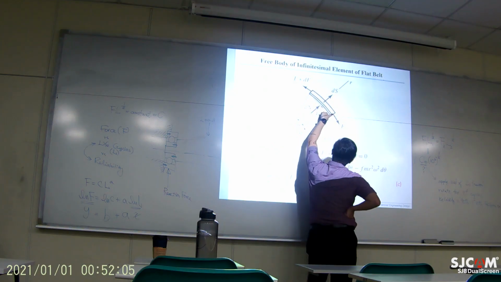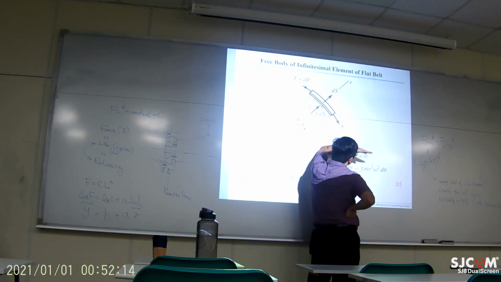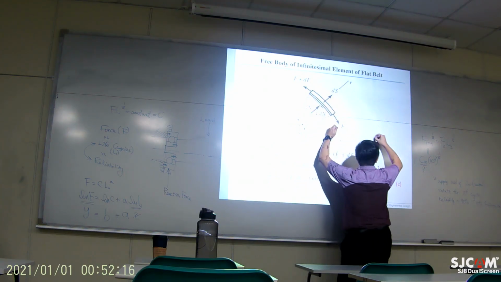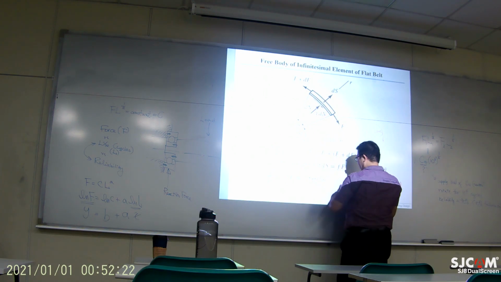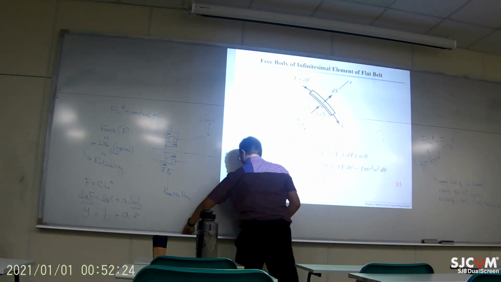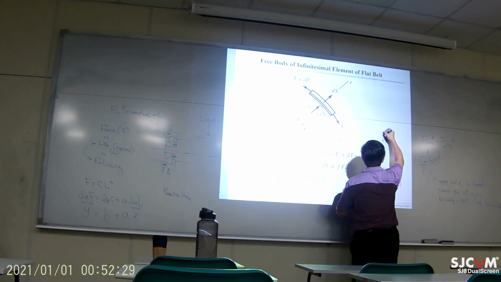So if theta right here is 0, then your F equals the tension on the right edge. If you have a belt like this, and maybe here is theta equals 0, tension T1 here.